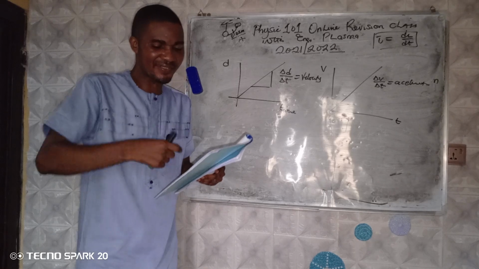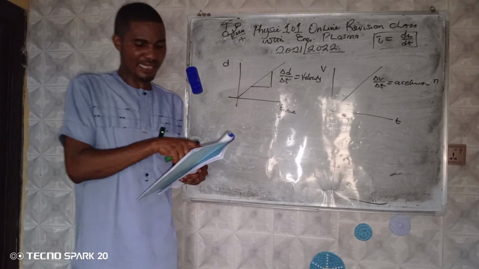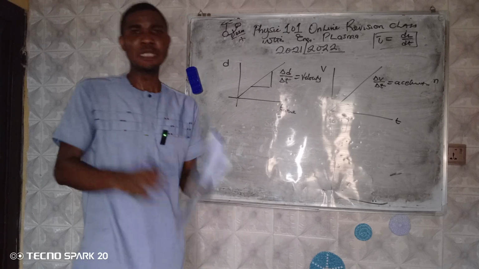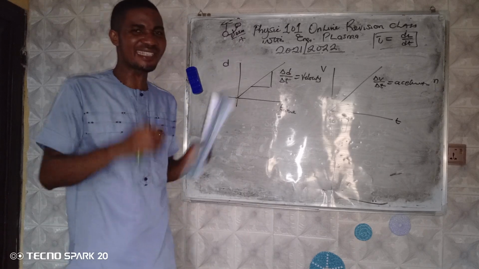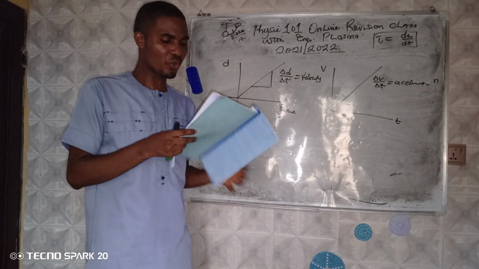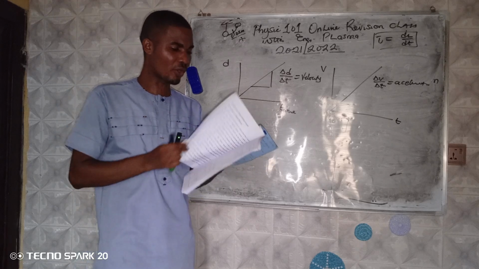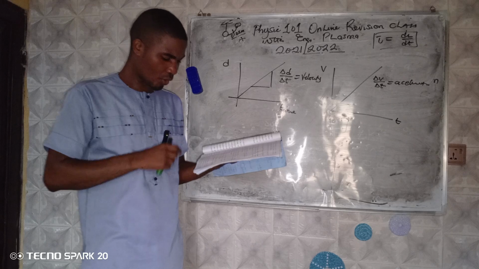In radiation, the heat will travel from body A to body B without heating the intervening medium. So we have seen what radiation is, what convection is, and what conduction is.